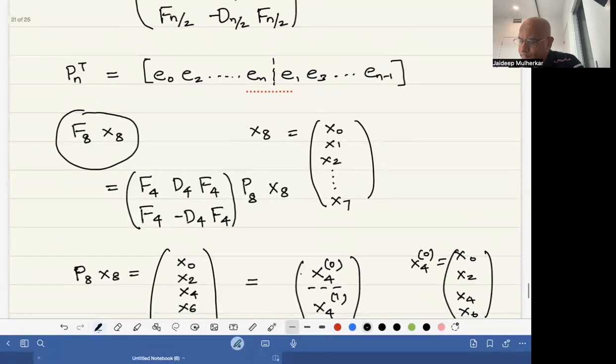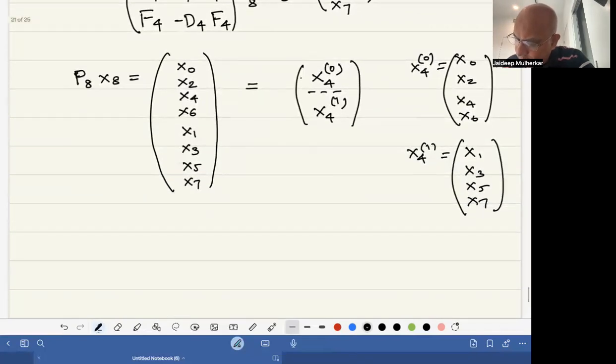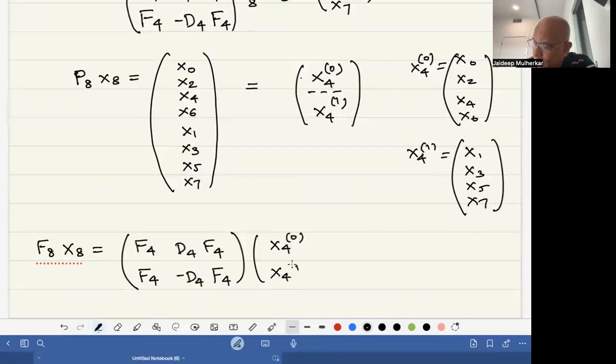Okay, so we need to compute F8 of x8. So F8 of x8 is equal to the block matrix F4, D4 F4, F4, minus D4 F4 applied to x4 of 0 and x4 of 1.